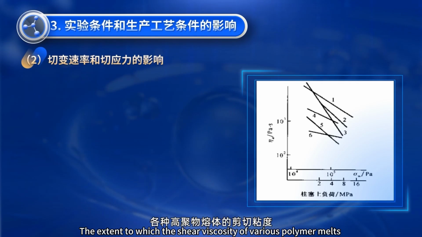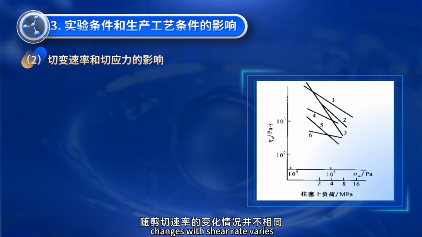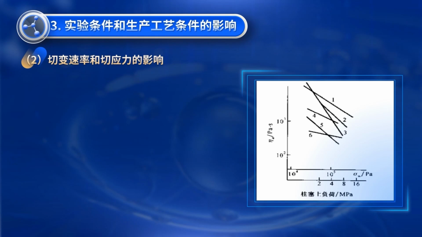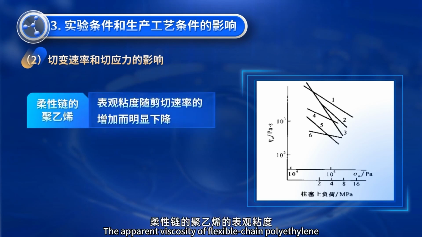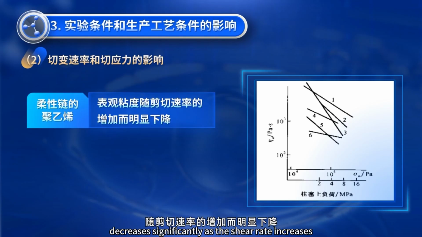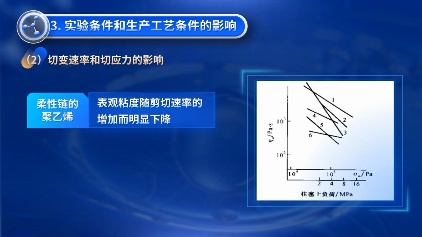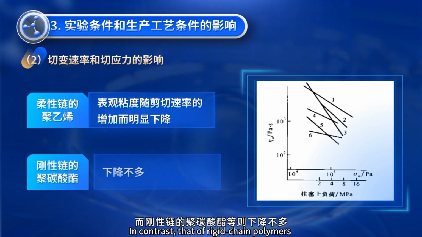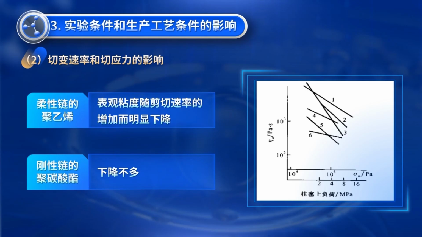The extent to which the shear viscosity of various polymer melts changes with shear rate varies. The apparent viscosity of flexible chain polyethylene decreases significantly as the shear rate increases. In contrast, that of rigid chain polymers, like polycarbonate, decreases only slightly.